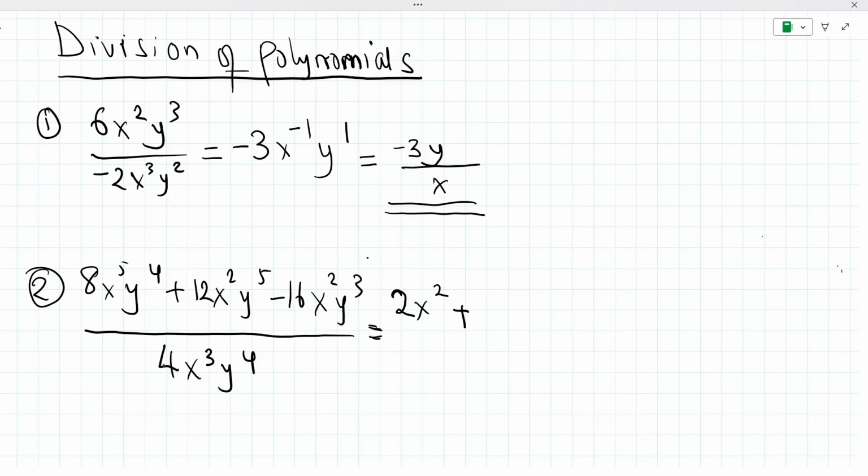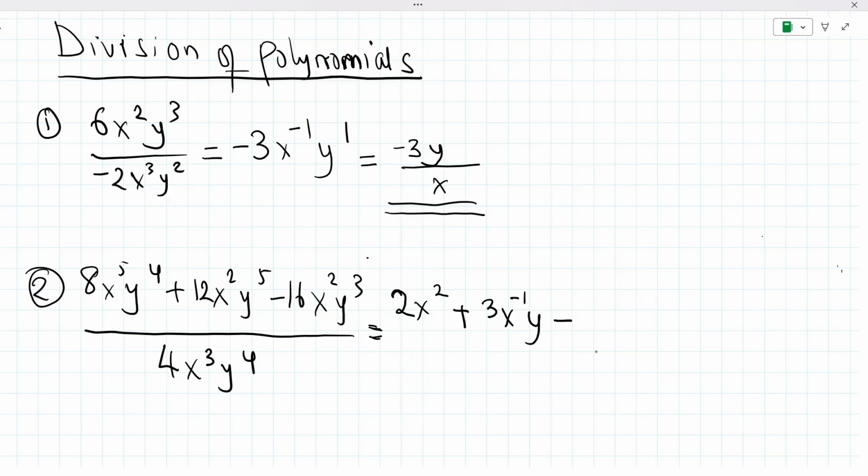Now next here, 4 and 12 will cancel out to give us 3. And then x squared divided by x cubed will give us x to the power negative 1, and then y to the power 5 divided by y to the power 4 will give us y to the power 1.